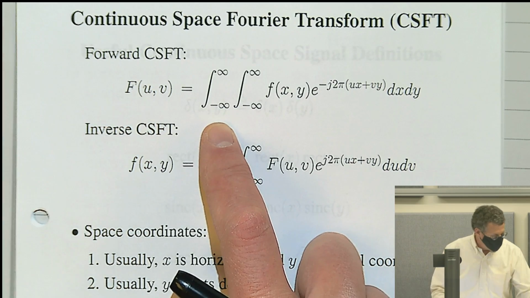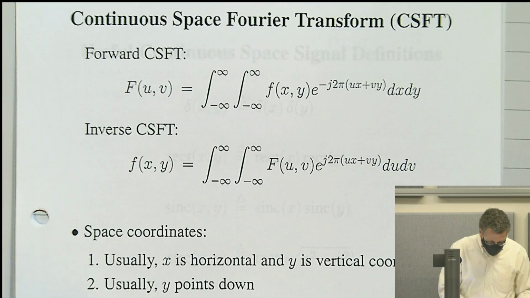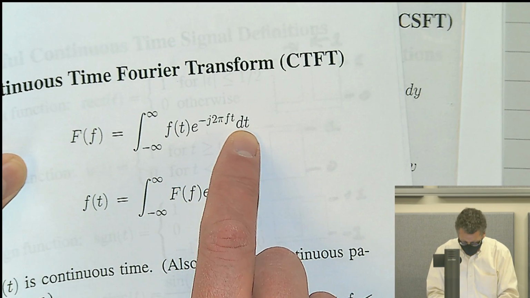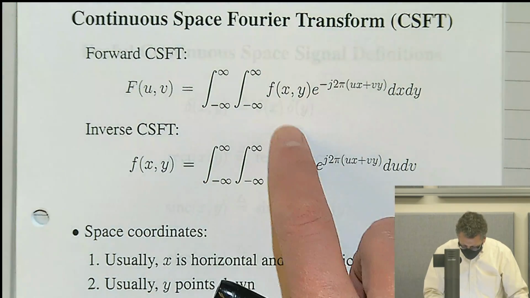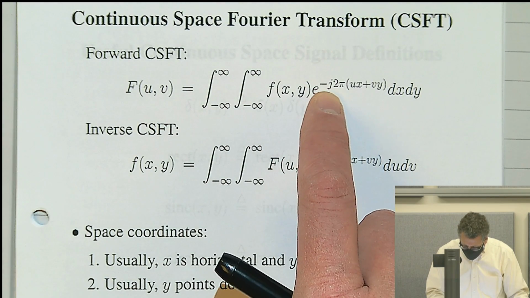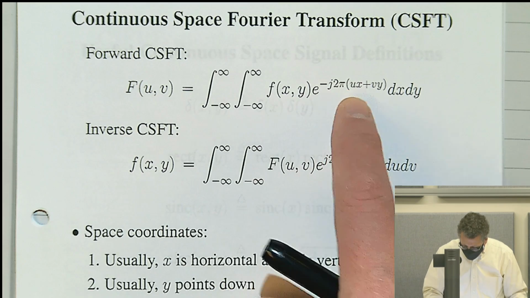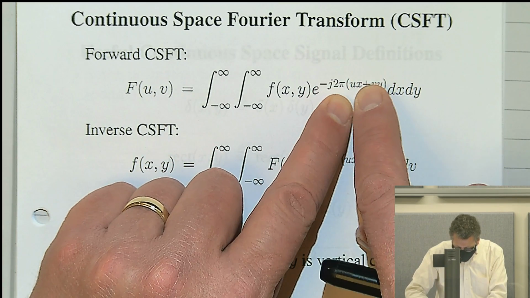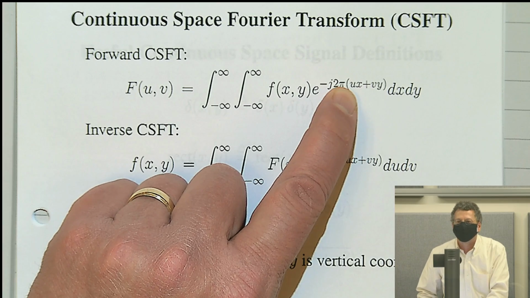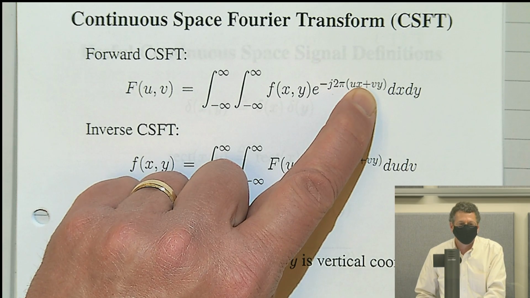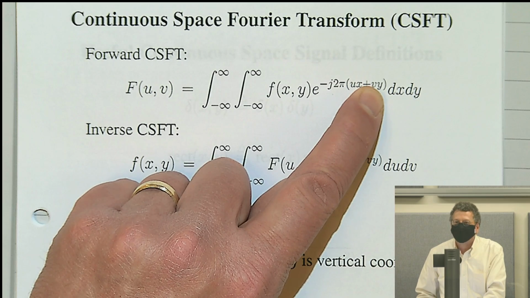So here you have f of t times e to the minus j 2 pi f t. And here you have f of x,y times e to the minus j 2 pi, and you have two terms. You have u times x. So u is the frequency for the horizontal direction, x. And v is the frequency variable for the vertical direction, y.